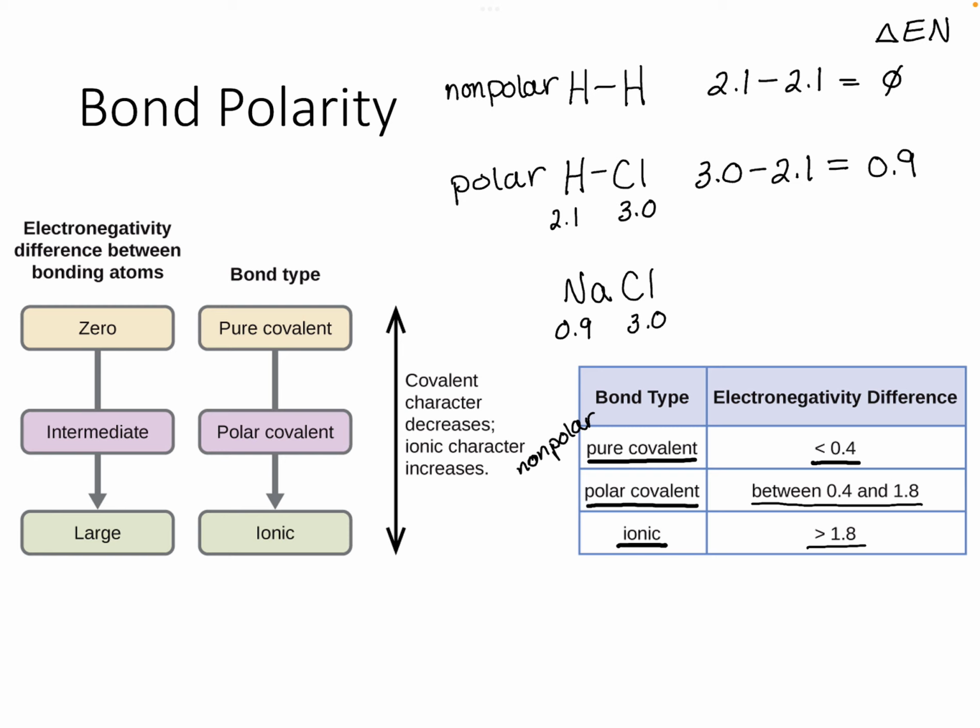So again, I want to make sure my electronegativity difference is positive. So I'm going to subtract the smaller number from the larger number. So 3 minus 0.9 gives me a value of 2.1. So 2.1 is definitely greater than 1.8. So in our table, that would be an ionic bond.